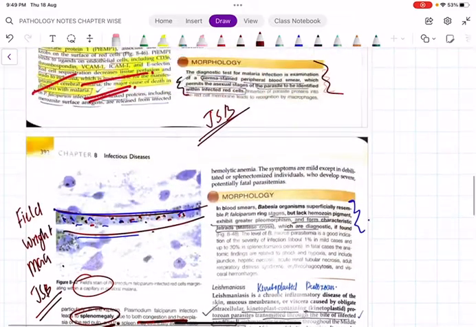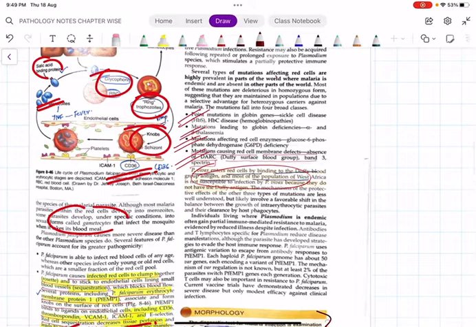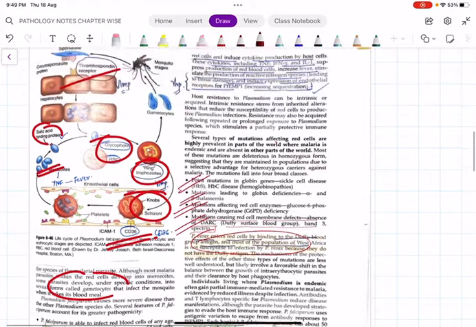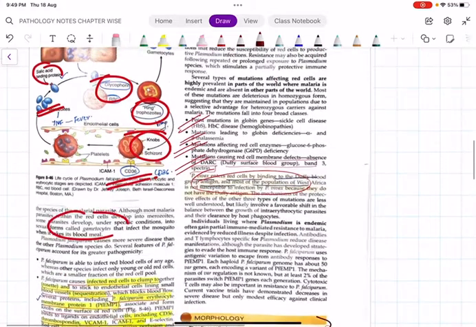These are the important points you have to write. Then remember the pathogenesis: CD36, PfEMP1, ICAM, BCAM, selectins, glycophorin, thrombospondin receptors, all those things. They will ask only pathogenesis. Pathogenesis won't be described this much in detail in the microbiology textbook. That is why I am discussing that in detail. That is pathogenesis of malaria.